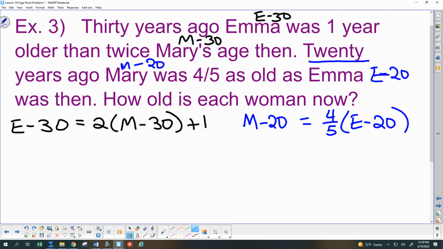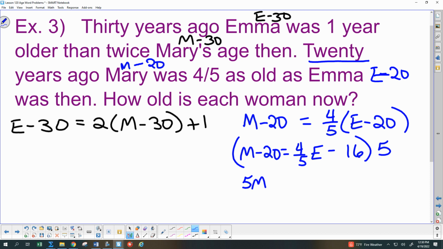Everybody good with that? And we need to do some cleaning up on both of these. So M minus 20 is 4/5 E minus 16. And then maybe multiply all of that by a 5 to get rid of that denominator. So 5M minus 100 is 4E minus 80.